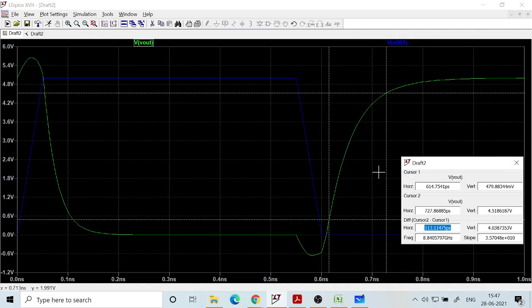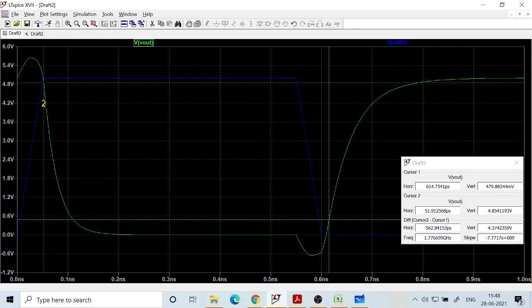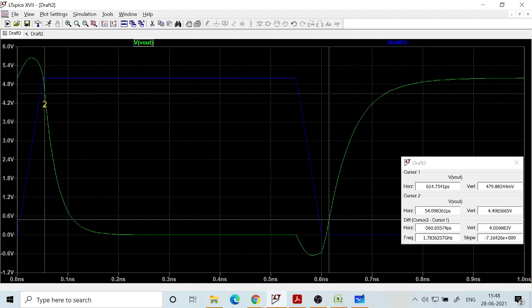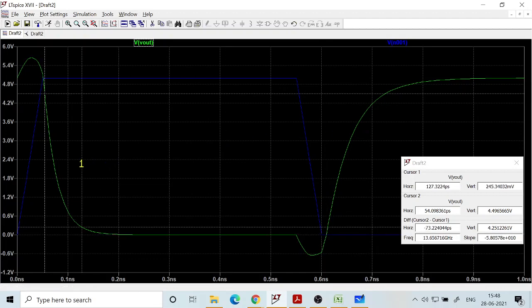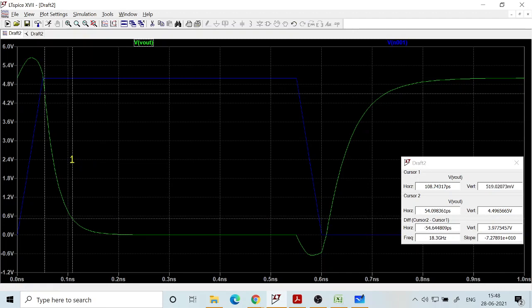Now same thing you can do for the fall time. Again you keep it at 4.5. Okay, so that's 4.5 roughly, and then you keep it at 0.5. Okay, and you see the fall time is relatively less, it is 54.